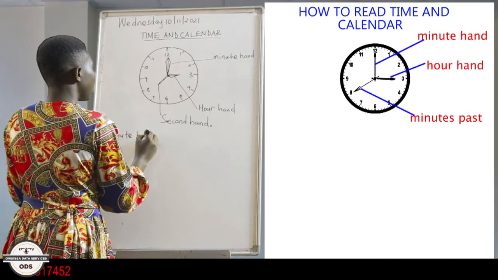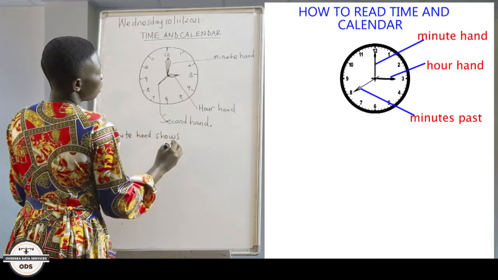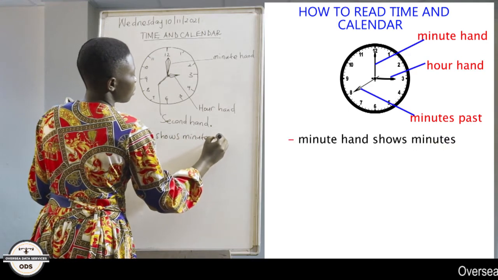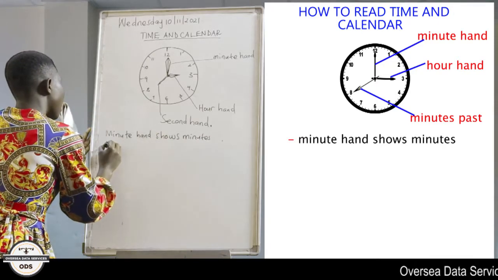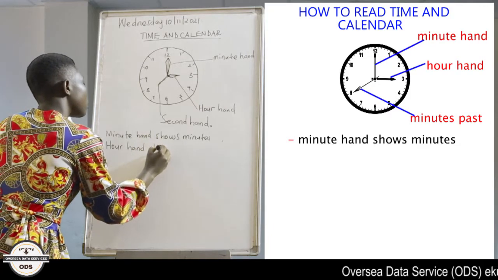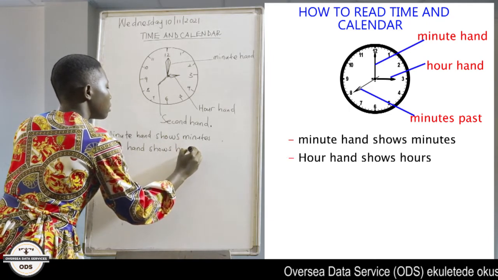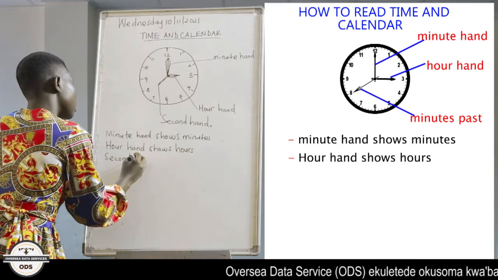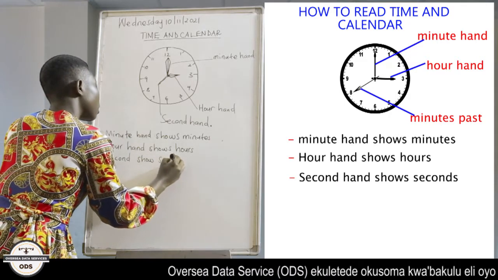The minute hand shows minutes, and we have the hour hand, this one shows the hours, and the second hand for seconds. This one counts or shows seconds.